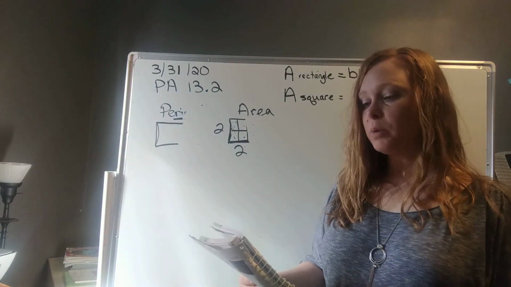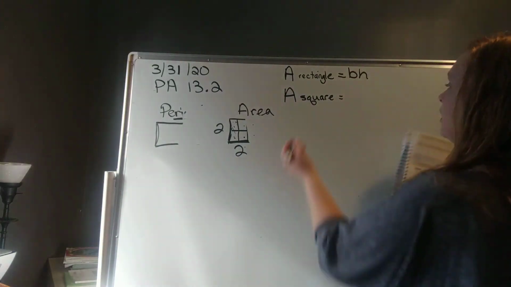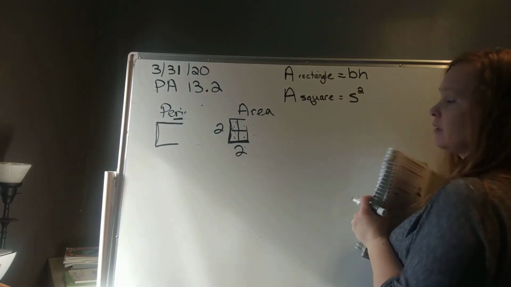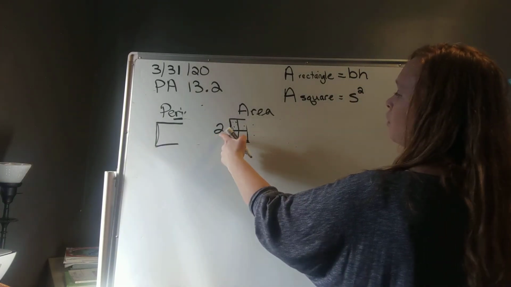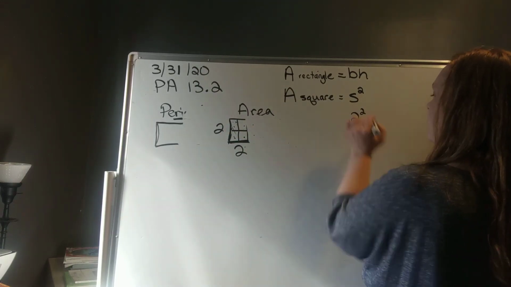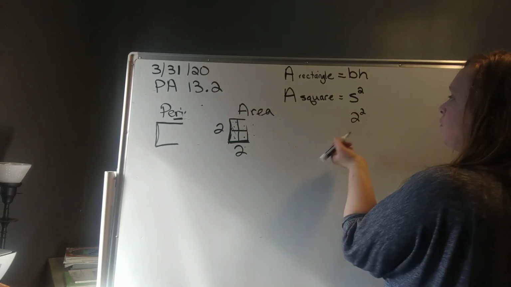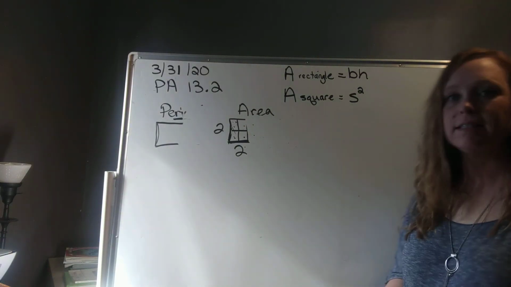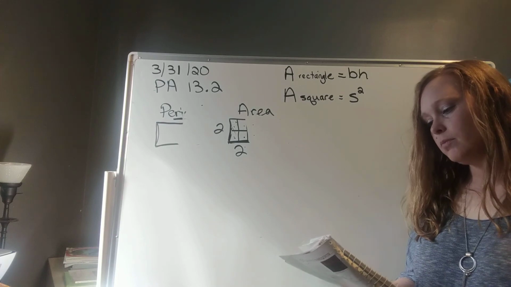But in pre-algebra, we're going to say the area of a square is its side squared. Isn't that what we did? Well, what is the distance of a side? It's 2. What is 2 squared? 2 times 2 is 4. So the area of a square is its side squared.